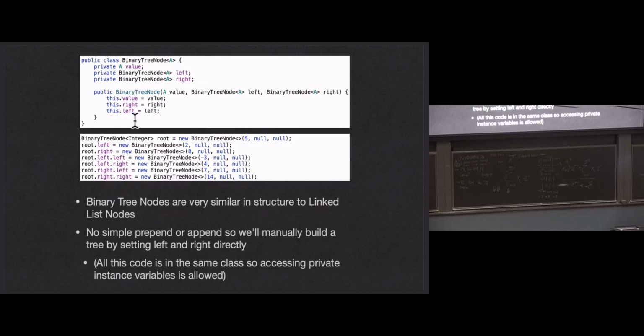Now, I kind of have it separated in the slide, but this code is in the same class as the binary tree node. So this is why we're allowed to set the private instance variables directly. If you're wondering how we're getting away with that, it's because this code is in the same class. Private variables can only be accessed inside the same class, but this code is inside the same class, so it's perfectly fine.